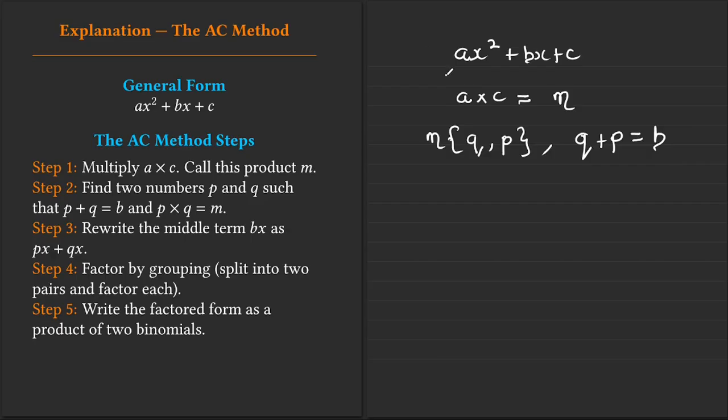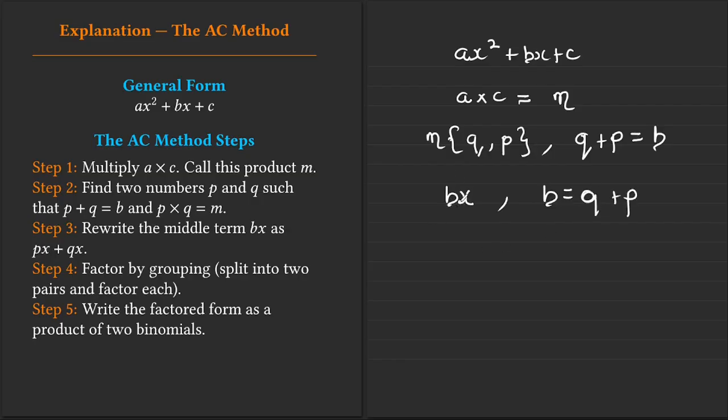So we said multiply the value of a by c to give you m. Then look for factor pairs of m that, when you add, you get your b. If you're able to get these two numbers, that is your q and then p, what you then do is rewrite this whole thing in terms of what? These new factors we've gotten. That is to say, instead of our bx, we have been able to rewrite b as q plus p.